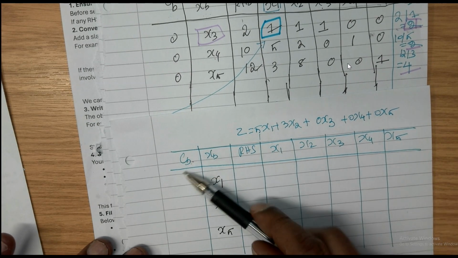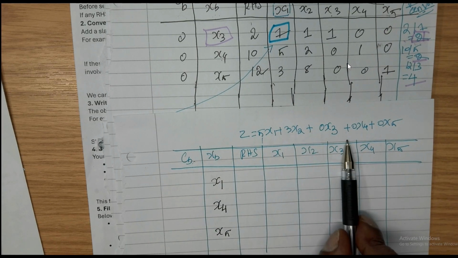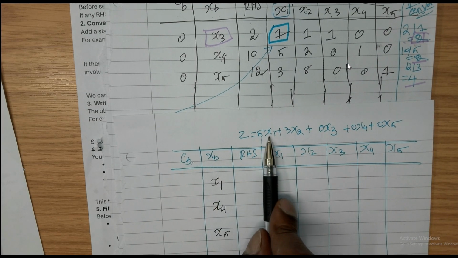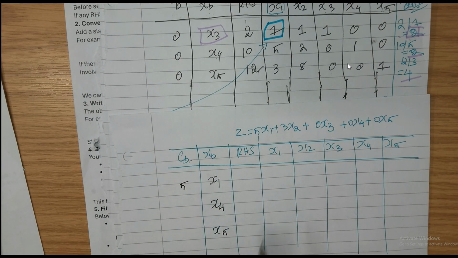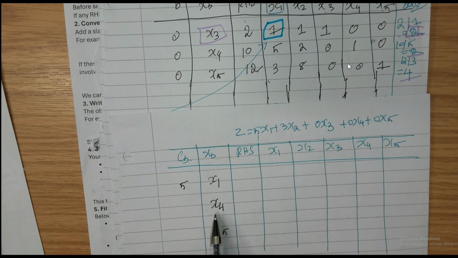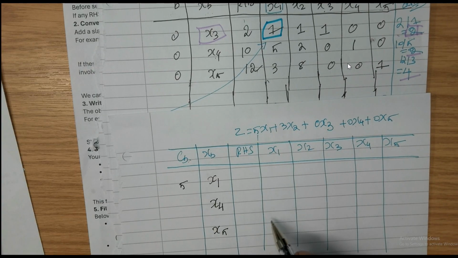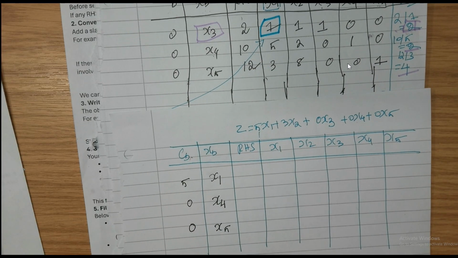So this is the coefficient of all variables in the cost function, isn't it? Yeah? So the corresponding coefficient of x1 in the cost function is 5. You also enter that value 5, and then the corresponding coefficients of x4 and x5 in the cost function are 0 and 0, isn't it? Yeah? So enter that value 0 and 0.